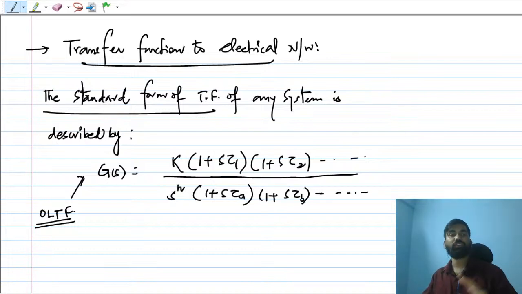This is the standard form of transfer function that you have to keep in mind always. When you are trying to find the transfer function from electrical networks, you will always get it in terms of time constant form.